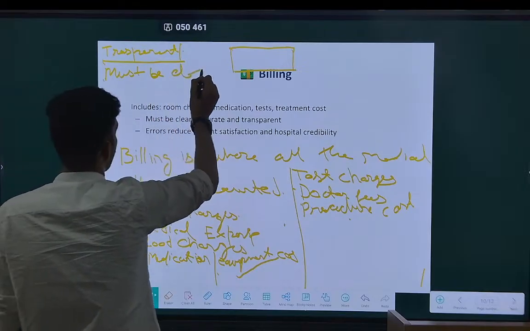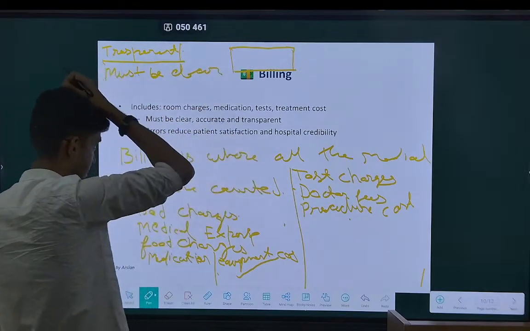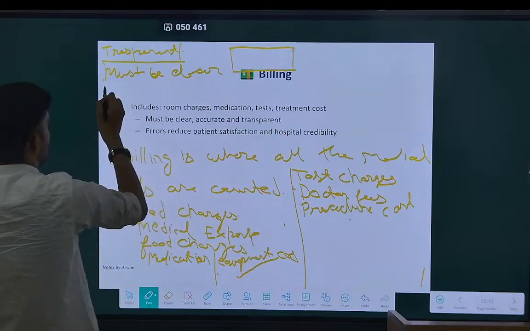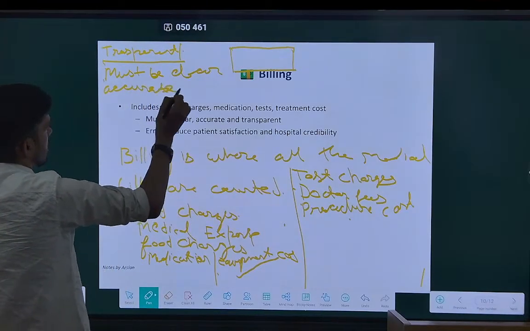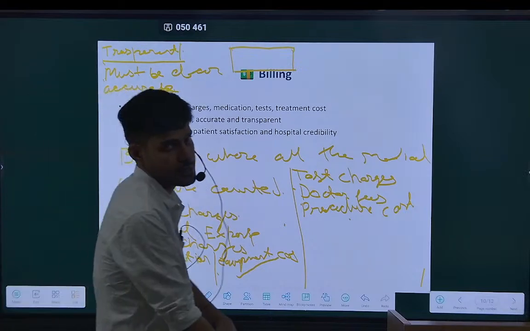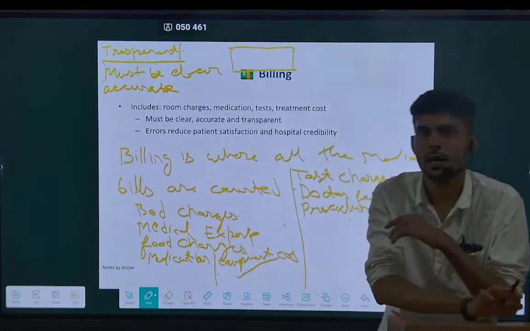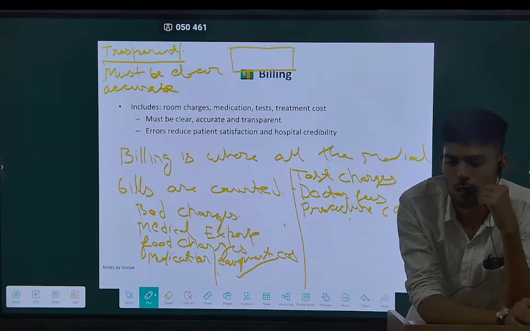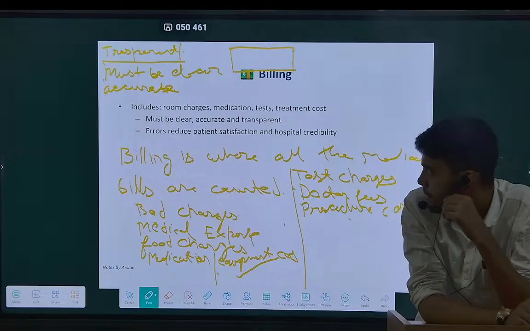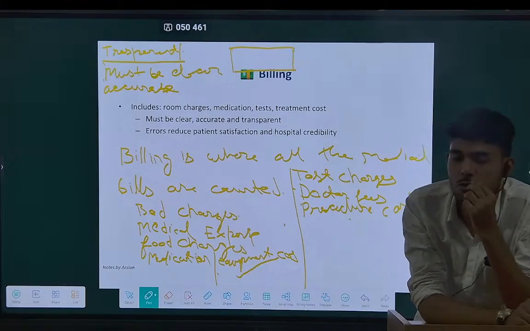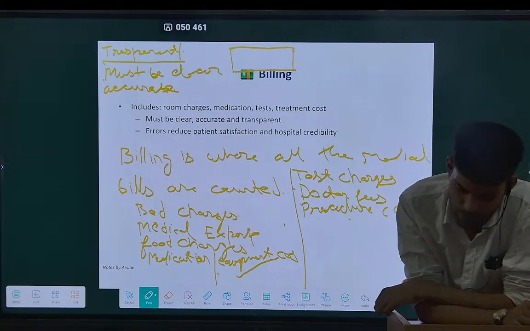In simple words, it needs to be accurate. If the bill is inaccurate or it's not transparent, the credibility of the hospital goes down. So it must be transparent.